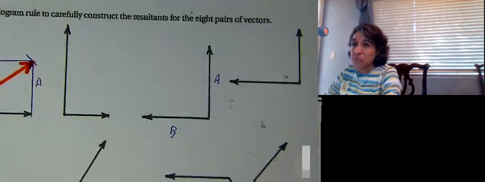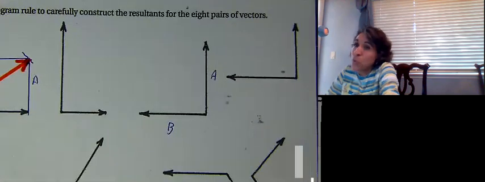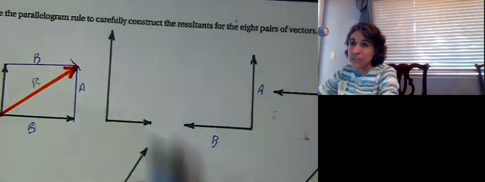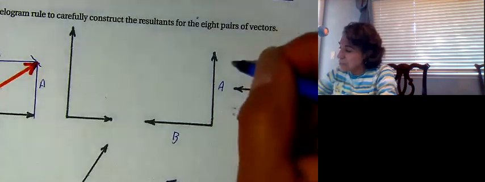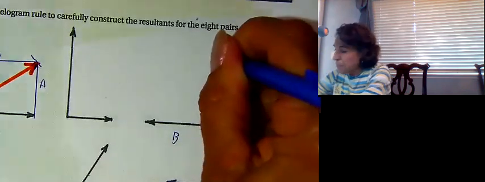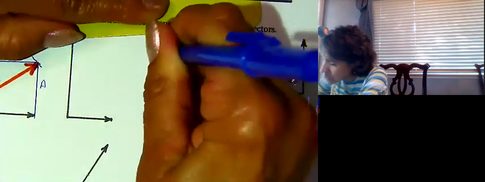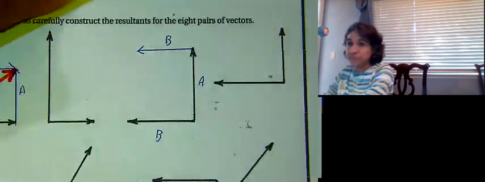Again, I can't add them just the way they are right now, so I have to move one of them. Let's see, last time I moved the vertical one. So this time, let's move the horizontal one, because it doesn't matter. So from the top of A, I'm going to redraw the B vector, and it's going to be exactly the same magnitude. There's my B vector.